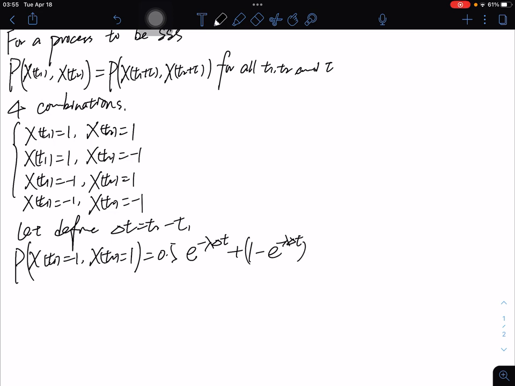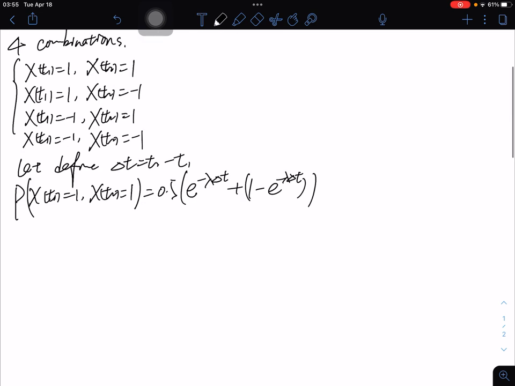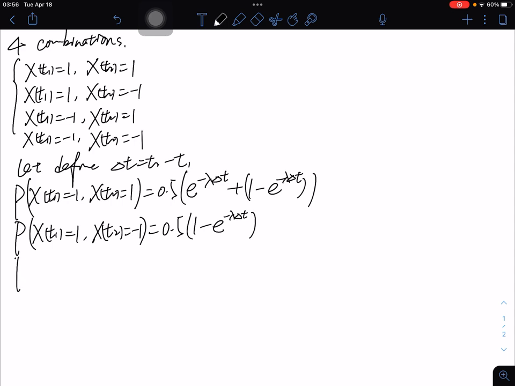And P(X(t1) = 1, X(t2) = -1) equals 0.5 times (1 minus e to the minus lambda delta t). P(X(t1) = -1, X(t2) = 1) is the same as the following.